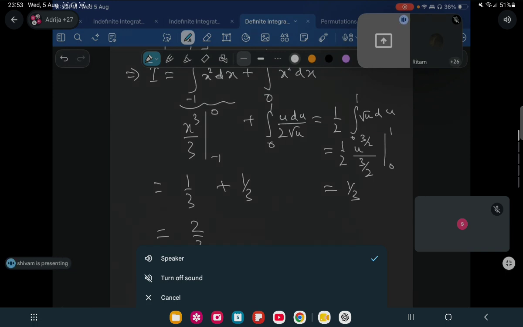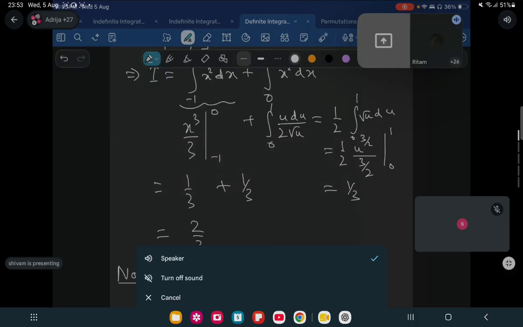I'll give some more instances where you have to break the interval. Sir, if a function is even, after we substitute, will the substituted function also be even? For example, x square is even. In this case, will root over u also be even?